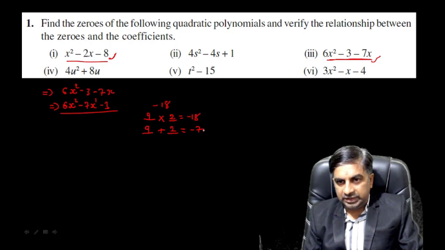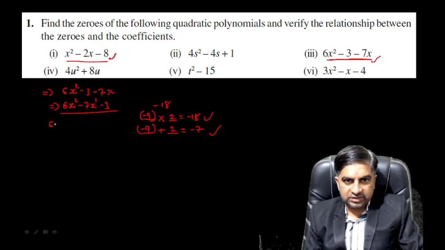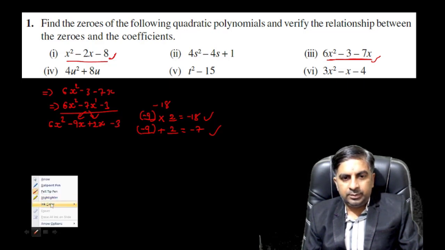We need minus 7, so minus 9 plus 2 gives this, and minus 9 into 2 gives minus 18. So we get 6x square minus 9x plus 2x. You can see we split the middle term; that's why this method is called splitting the middle term.